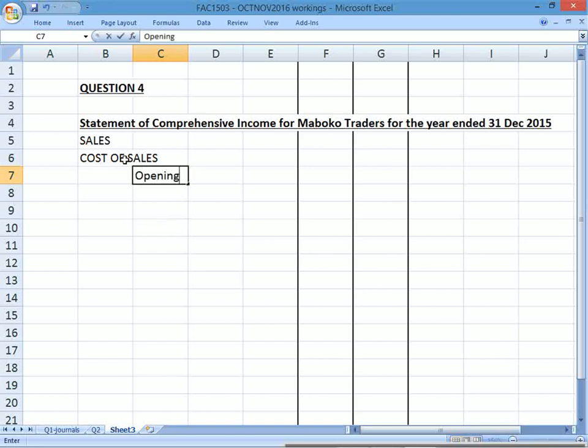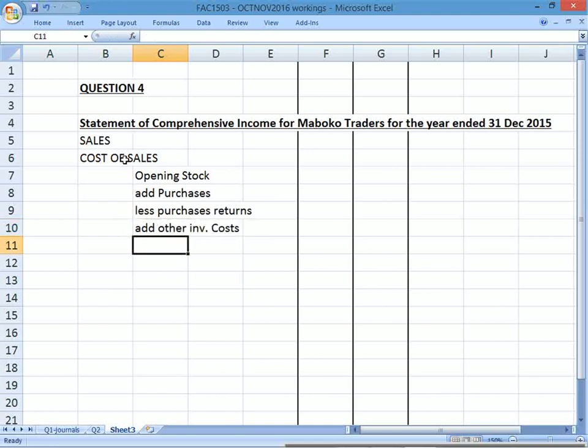Opening stock, add purchases, less purchases returns, add other inventory costs, less closing stock. And that's the formula. Obviously, we need to actually complete that, so we need to put in amounts, which we'll do just now.